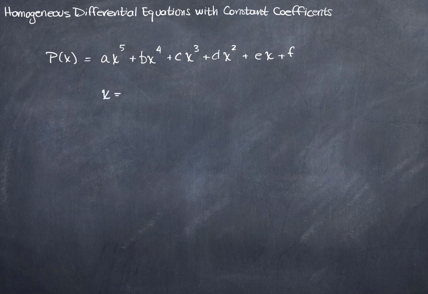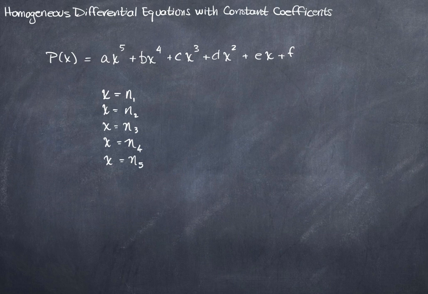So x equals, let's just call it n sub 1, n sub 2, n sub 3. N is just a number. It can be an integer, it can be a decimal, it can be a fraction, it can be a complex number.